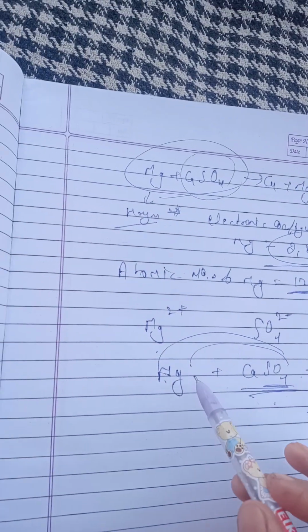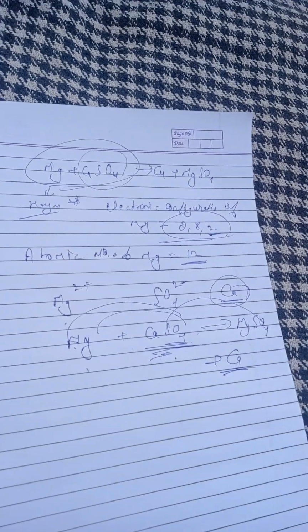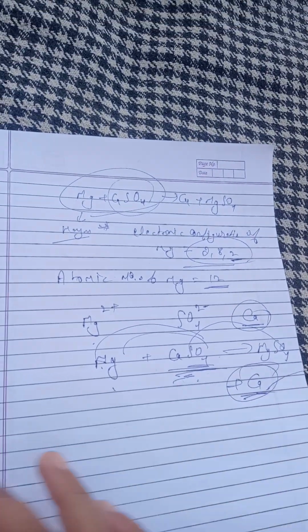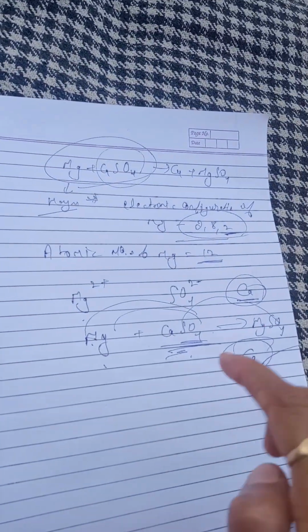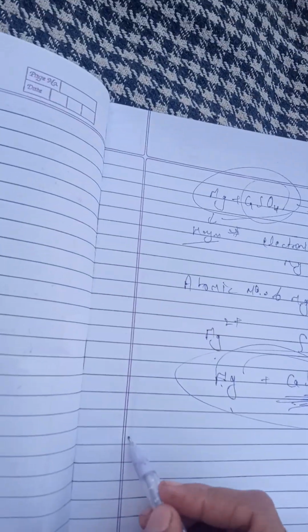It means we can say that when a more reactive element combines with the less reactive element, a single product is given. So we can explain all these equations with the help of the electronic configuration.